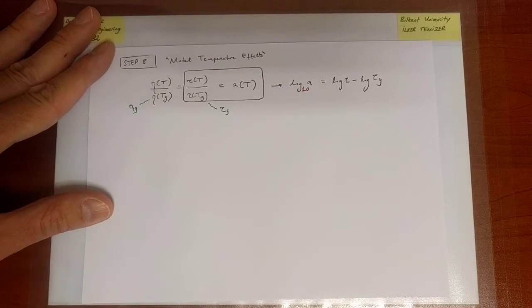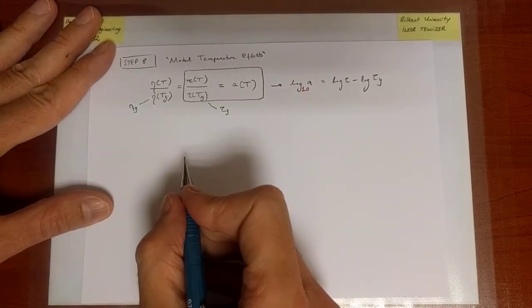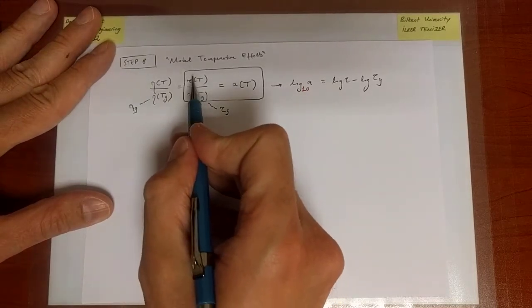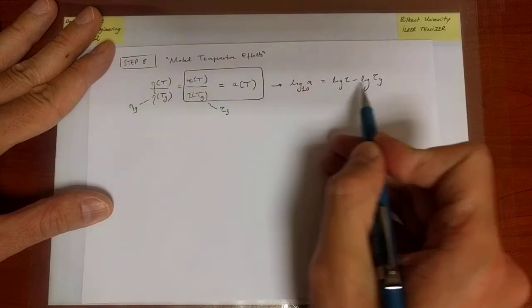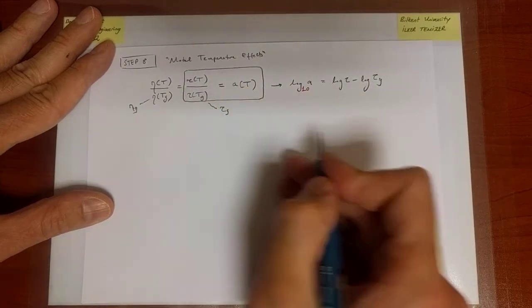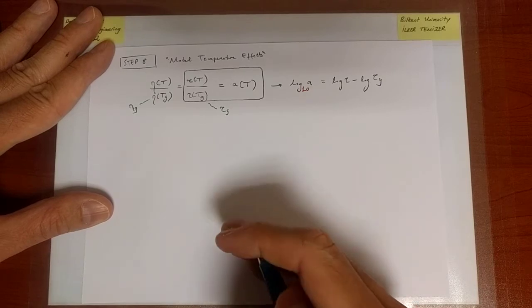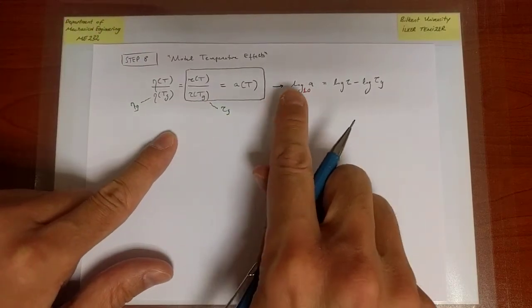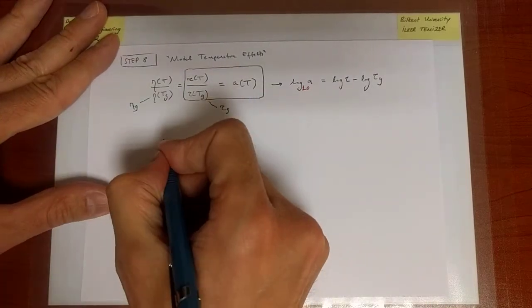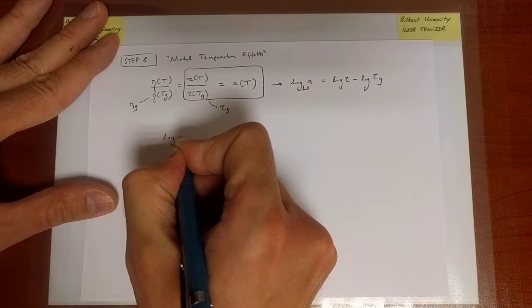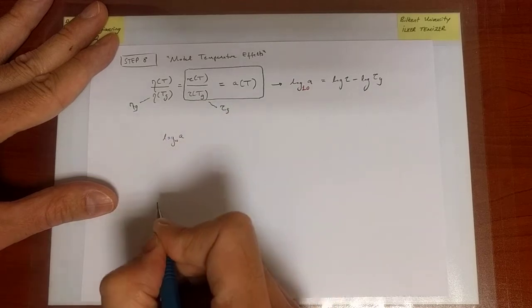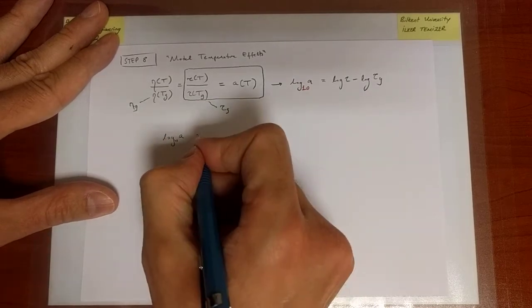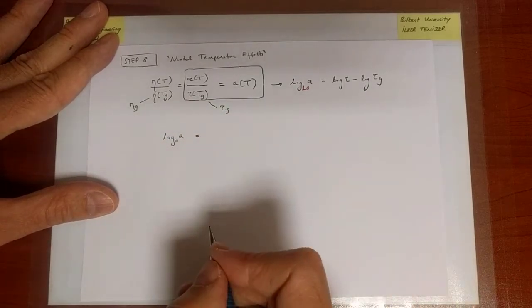So variations in time go through a log, but the variation of the temperature goes as it is. And now I'm going to write on the left the log of A. That's going to reflect variations of time on a log 10 basis. And on the right, I'm going to write directly a function of temperature.